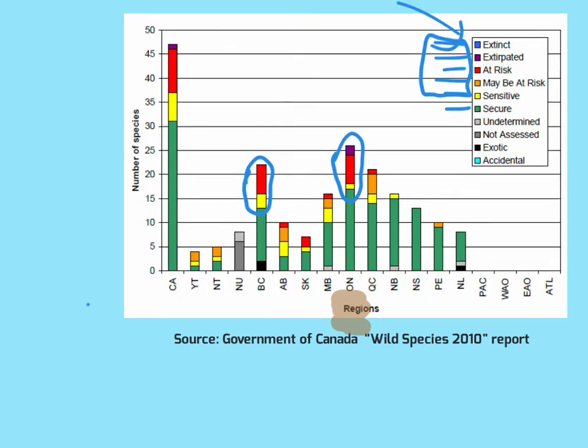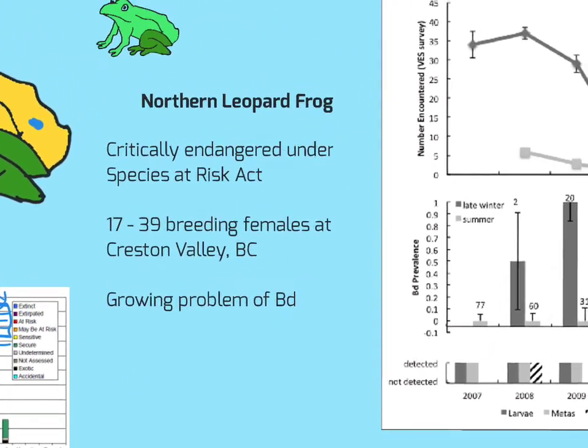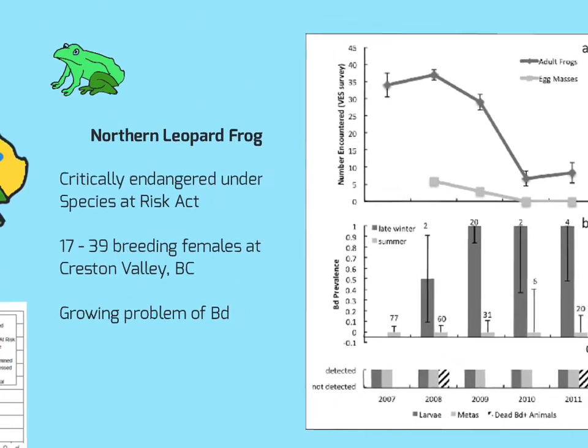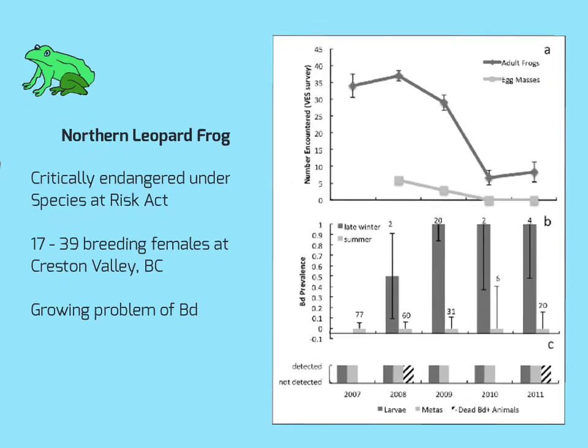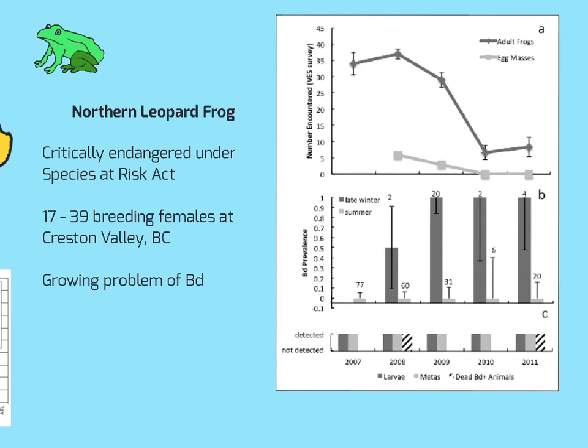So we're going to assume that our frog hopper is a northern leopard frog. Let's just make that assumption, and we're going to look at some data about the northern leopard frog. So there is our lovely creature, old hopper up here. If we assume that hopper is a northern leopard frog, we're going to look at the graph on the right, which is again from the Government of Canada website.